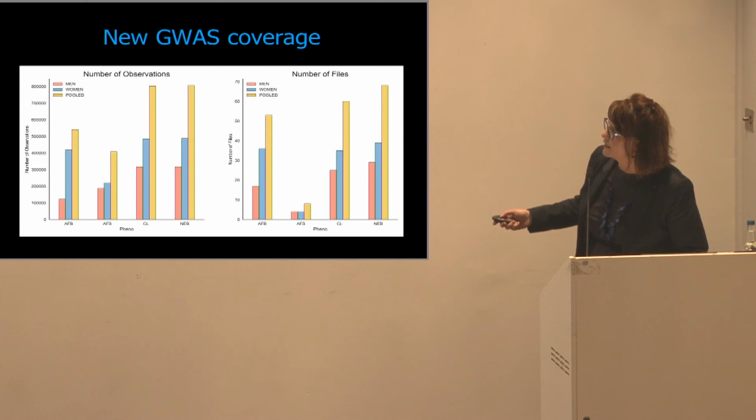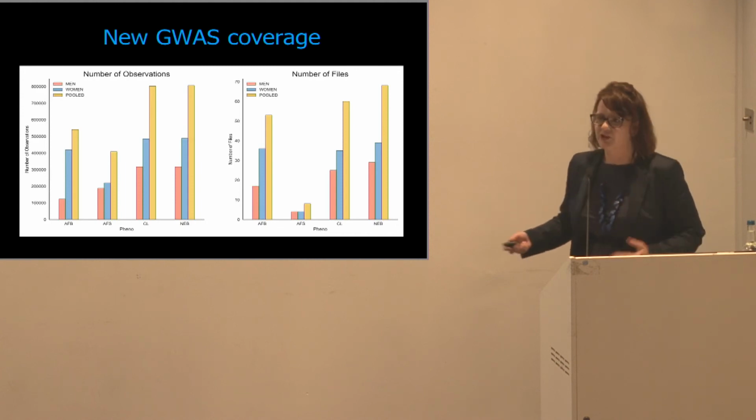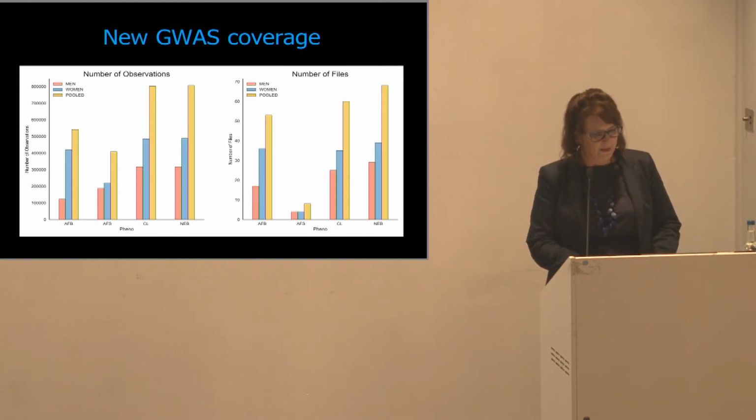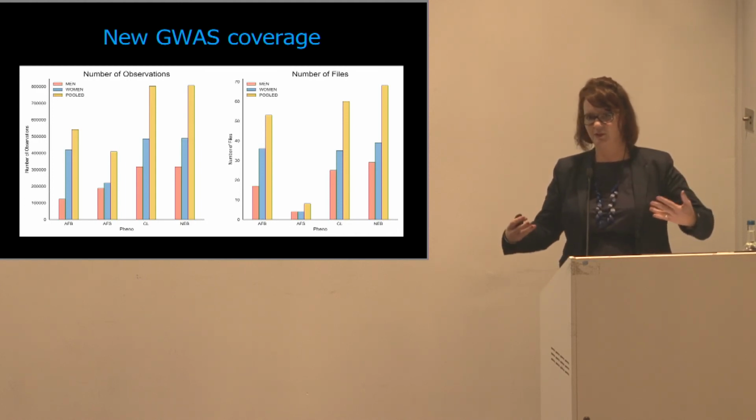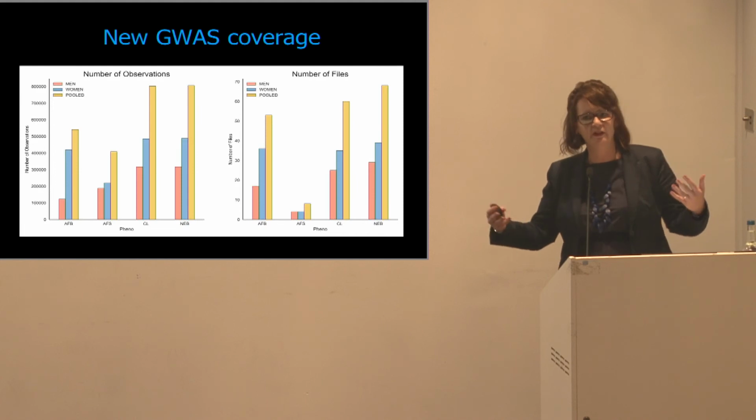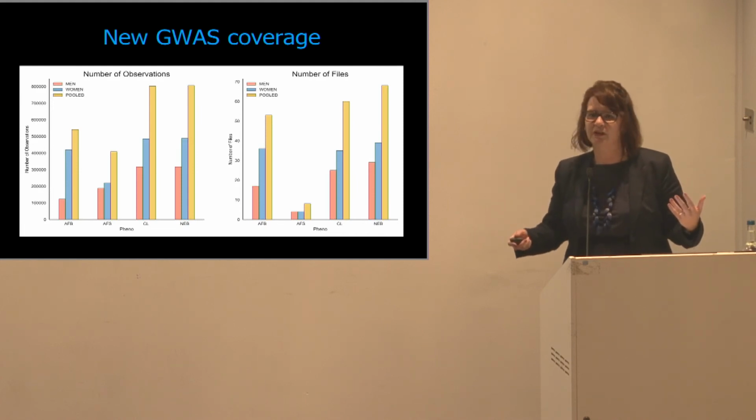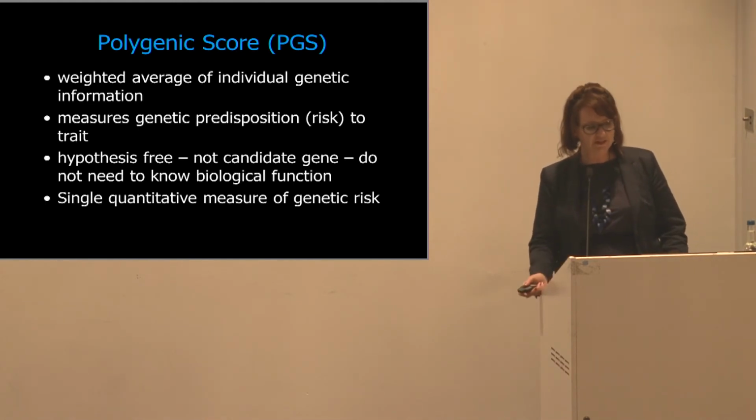And for age at first sex, it's actually fairly large, and for age at first birth. I won't show you the results because we're just finishing the meta-analysis now, but now we're up to, in some of the phenotypes, around 300 different genetic loci and a very well predicting polygenic score. So let's move to those.